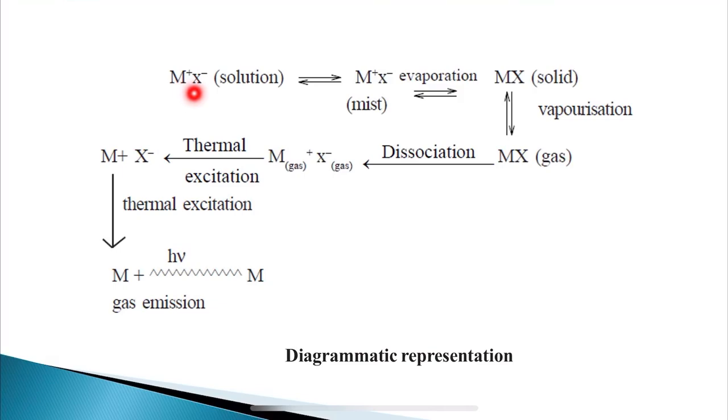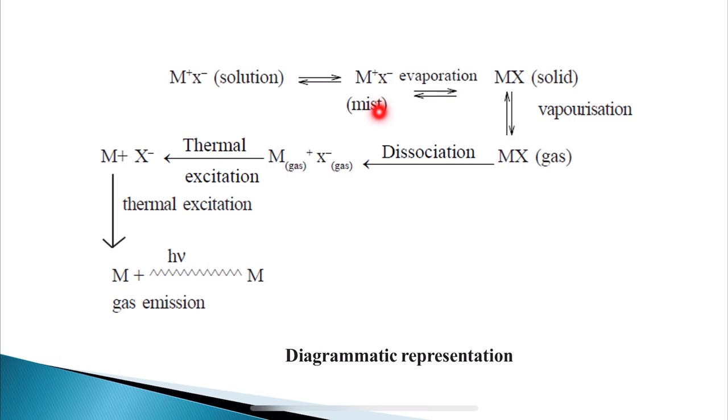You imagine it like that, or this is the general representation, let it be like this only. M means metal and X means the part which has to separate or which has to be excited to the higher energy state. Okay. So, in the solution, this is the dissociated form of a metallic salt solution. Okay. So, this is a metallic salt solution.